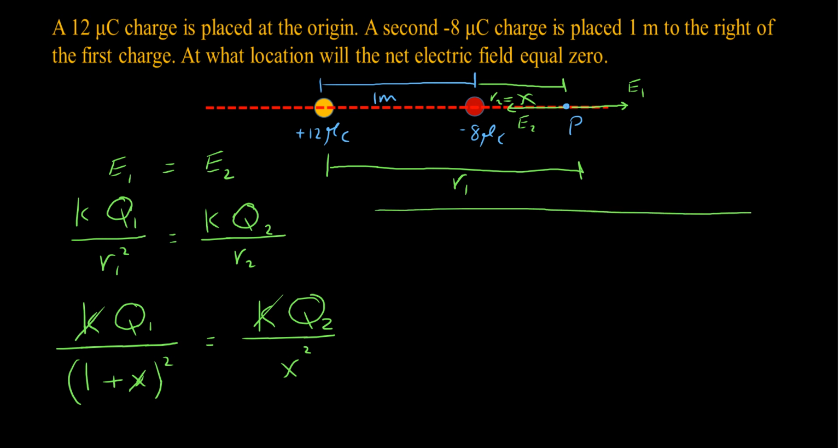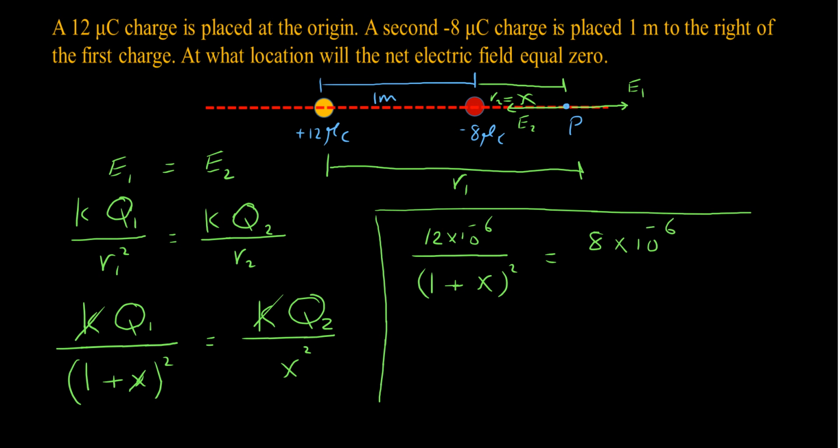We can continue the calculation. Now I can place the values: 12 times 10 to the power minus 6 over (1 plus x) squared equals 8 times 10 to the power minus 6 over x squared.